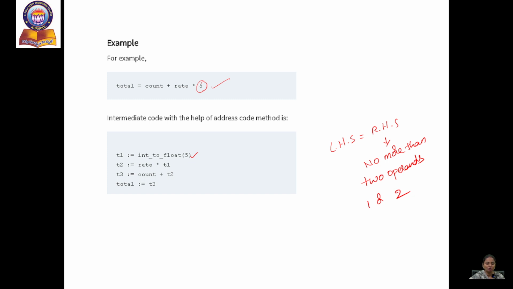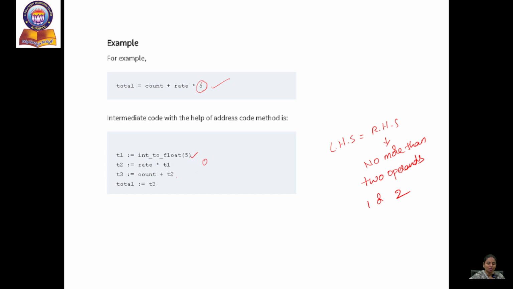So in T2 we have rate into T1, and now in T3, since rate into 5 is already in T2, we have written count plus T2. Now this T3 is holding the result of count plus rate into 5, so that is assigned directly to total. So like this the 3 address code will be generated by the intermediate code generation.